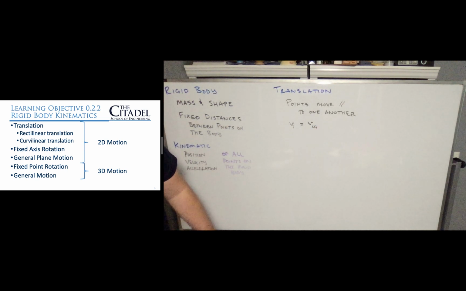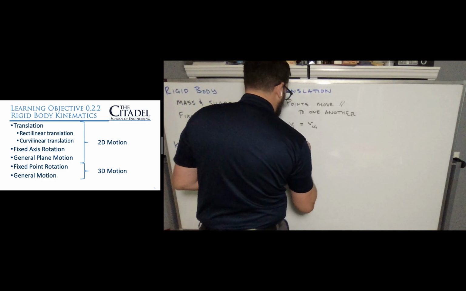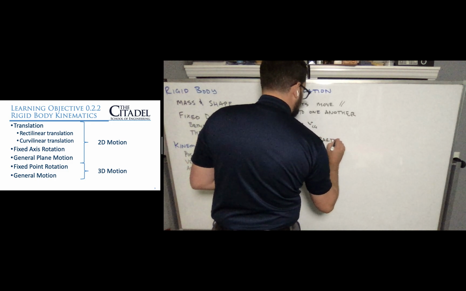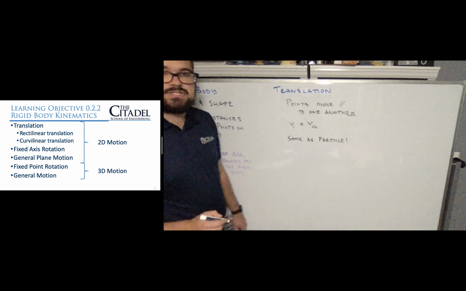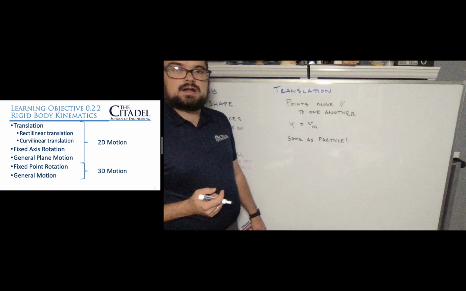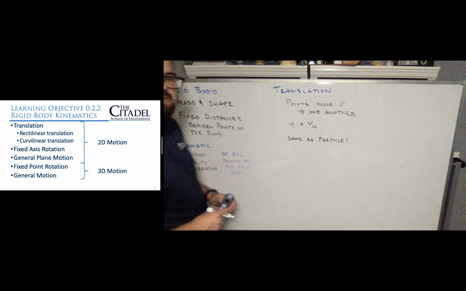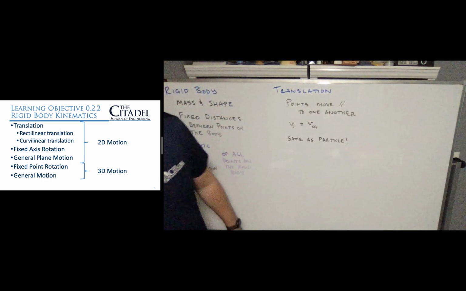This means that this is the same as particle kinematics. So you already know how to do the translation of rigid bodies. If you just model it as a particle, you keep track of the position, the velocity, and the acceleration of the center of gravity. You can now know the position, velocity, and acceleration of any other point.